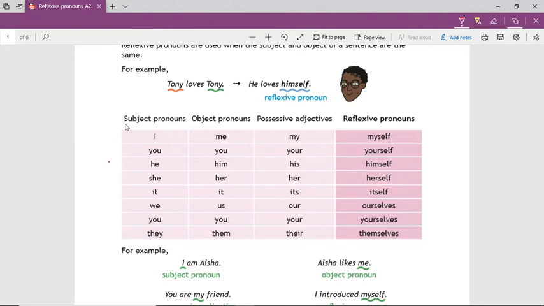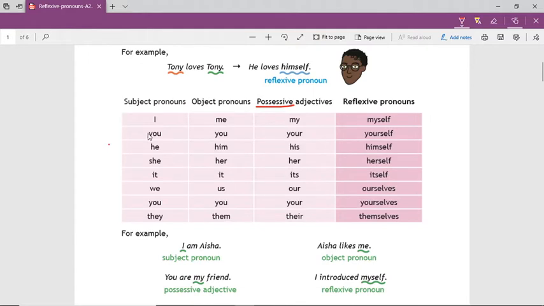So the subject pronoun I, the object pronoun me, the possessive adjective my, and a possessive adjective just means it belongs to a particular person or thing. So you've got I, me, my, and that becomes myself as a reflexive pronoun.